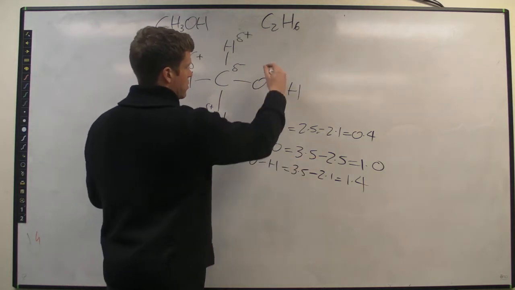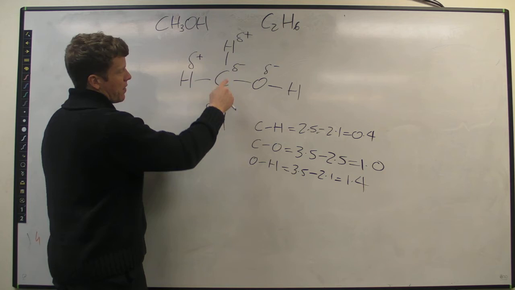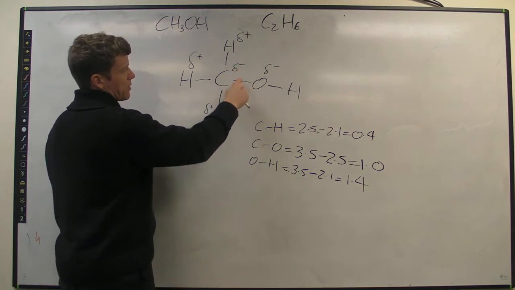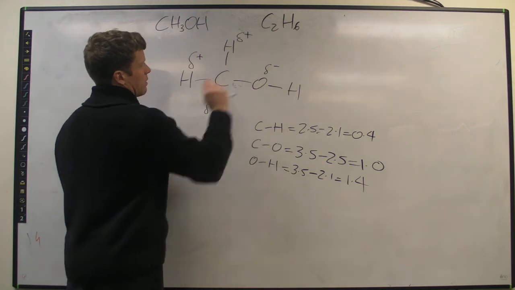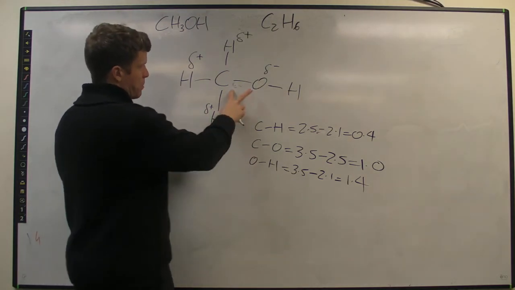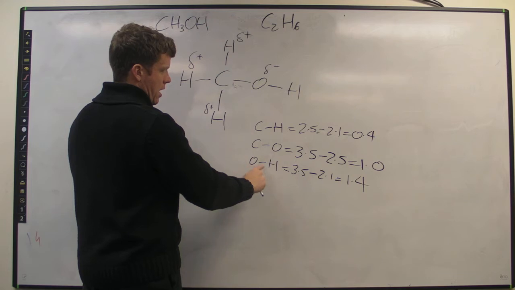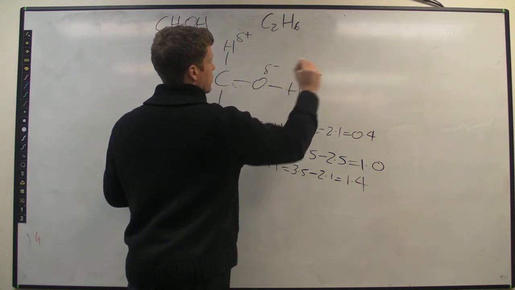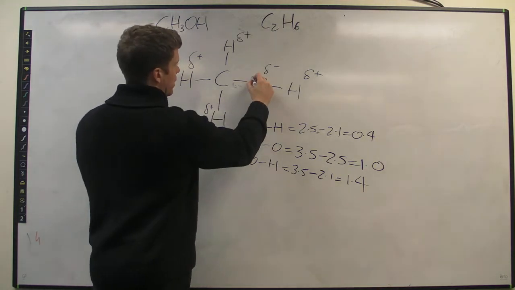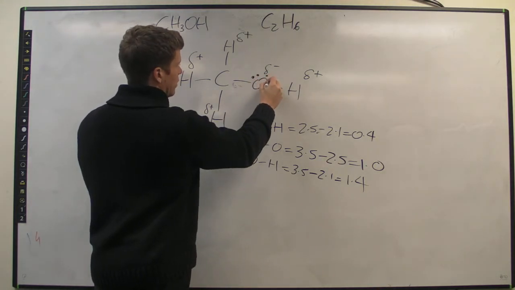Oxygen is the biggest, so that will be delta negative. And that carbon here has a delta negative and a delta positive charge, so they cancel out. So this bond, electrons are being pulled this way, and in this bond the electrons are being pulled this way as well. So that's delta positive. I should also add lone pairs of electrons here.